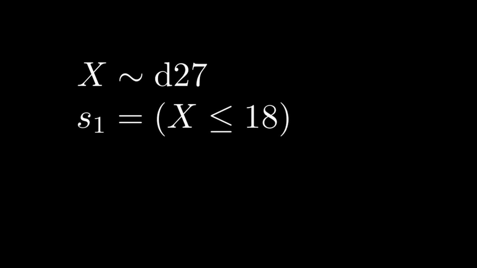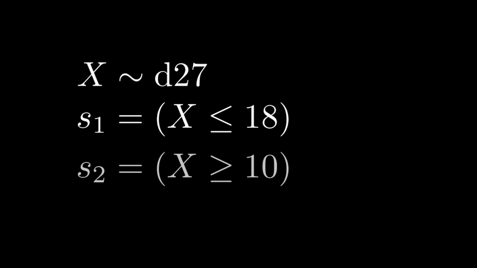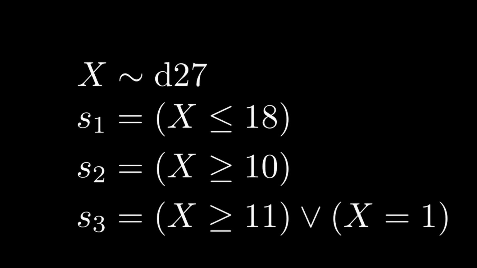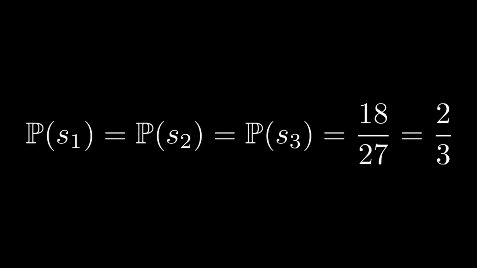Suppose S sub 1 is the event that X is at most 18, S2 is the event that X is at least 10, and S3 is the event that X is at least 11, or X equals 1. Then the probabilities of S sub 1, S sub 2, and S sub 3 are all 18/27, or 2/3.